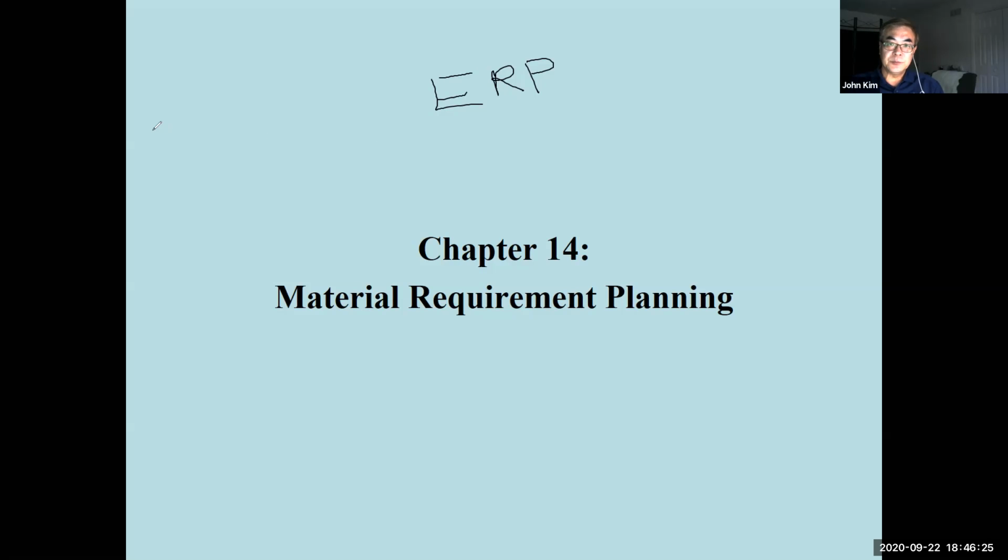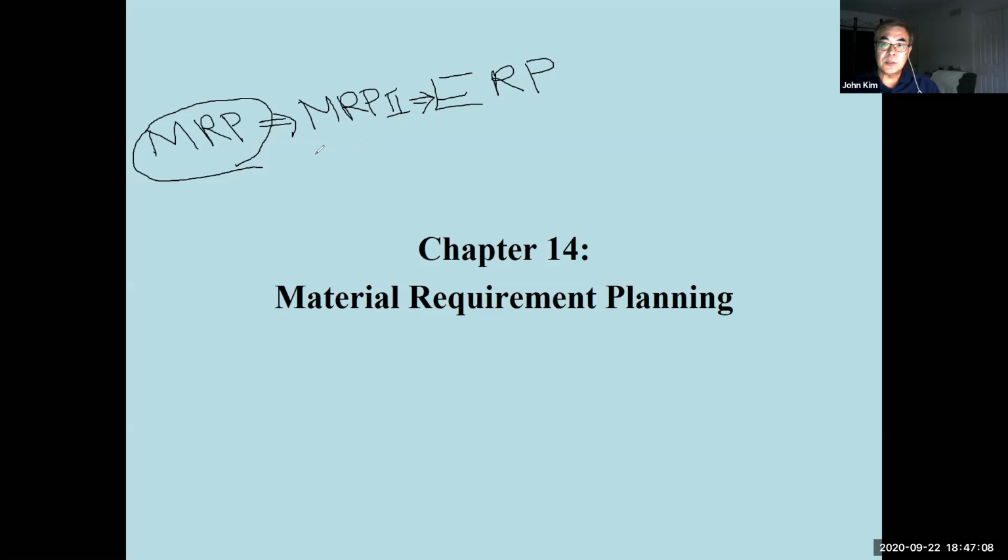The ERP system developed from MRP, to MRP2, and then it goes into the ERP system. The MRP system is a computer program system, an independent single computer system for planning.